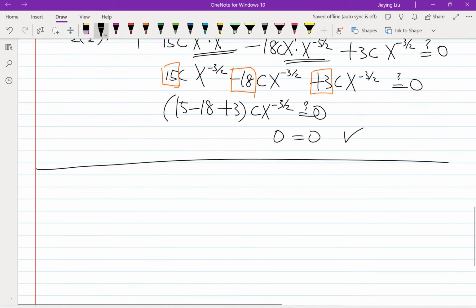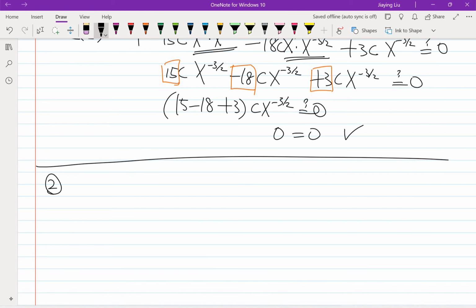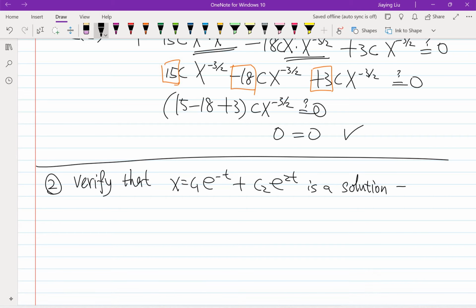All right. The next example is, we're going to verify that x equals c1 e to the negative t plus c2 e to the 2t is a solution to the differential equation x double prime minus x prime minus 2x equals 0.